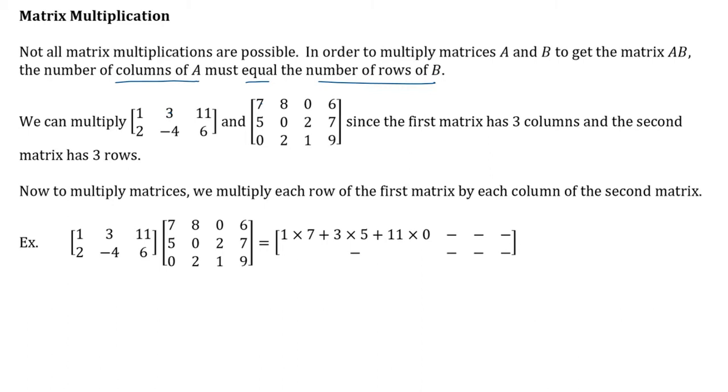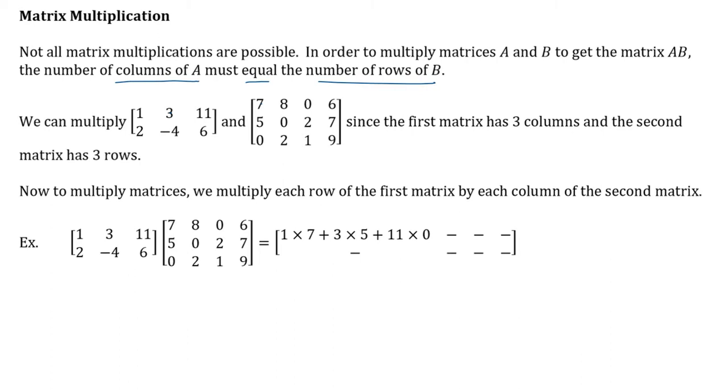I have 1, 2, 3 columns and 1, 2, 3 rows. So these two can be multiplied together in this order only. Also, order matters. If I change the order, then it would not work because then the columns would not equal the rows.